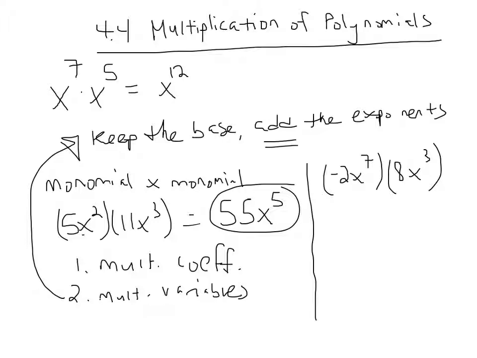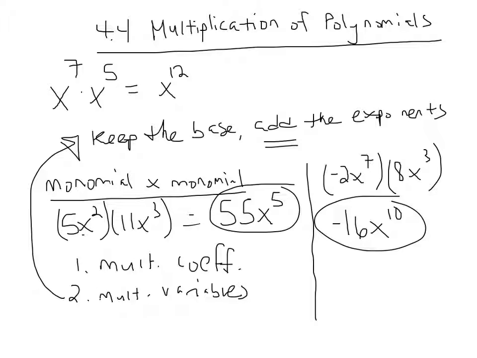So we first multiply the coefficients. That gives us negative 16. And then we multiply the variables using our rule up here for multiplying variables together of keeping the base and adding the exponents. So that's a monomial times a monomial.